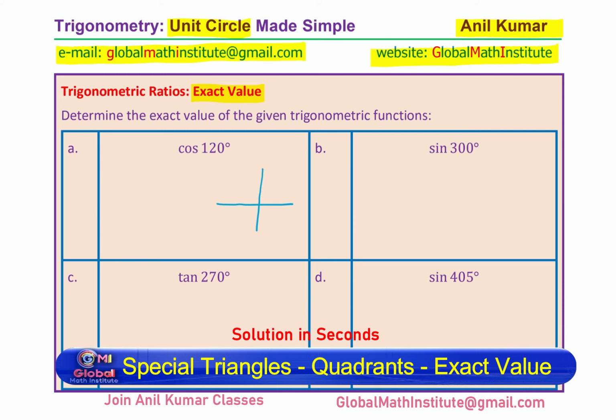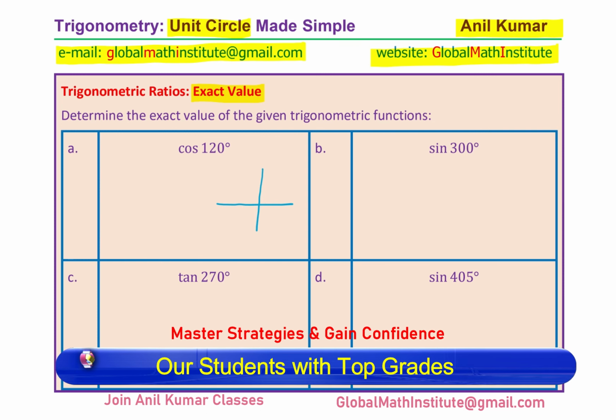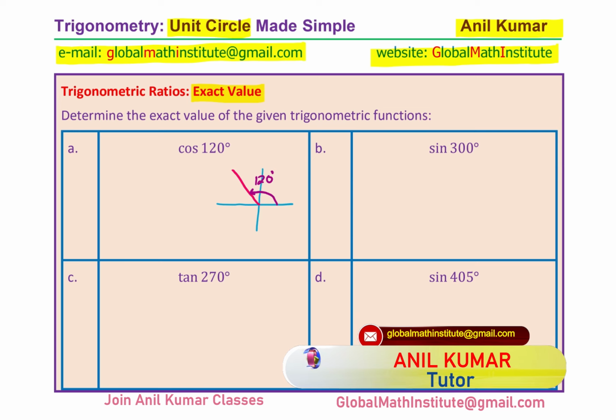So 120 degrees will be 90 plus 30 or 180 minus 60. So it's kind of like this. This is the angle which I have drawn. The terminal arm shows 120 degrees, correct? You are in quadrant 2. In quadrant 2, cosine is negative.